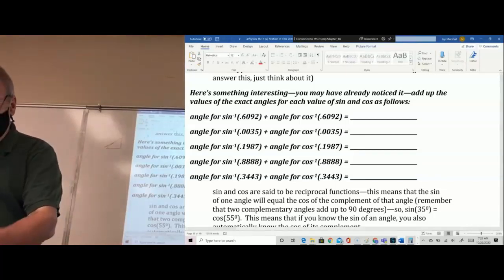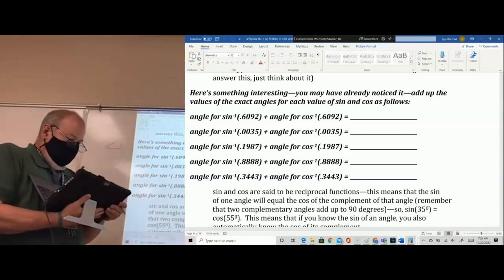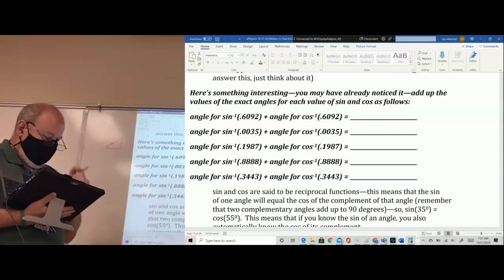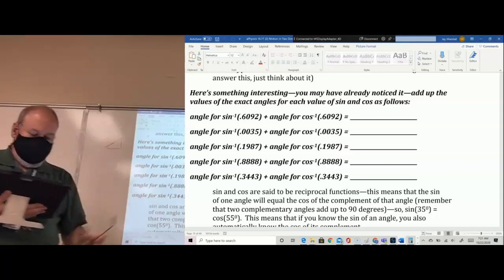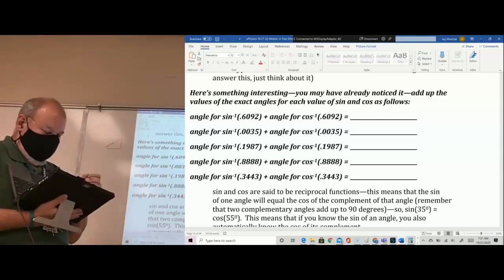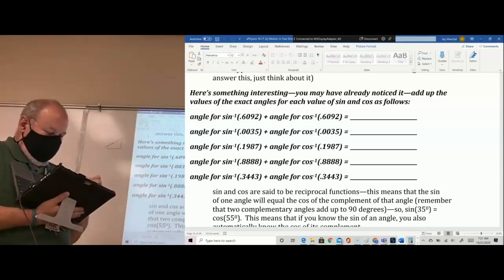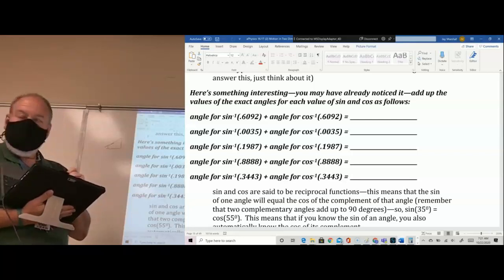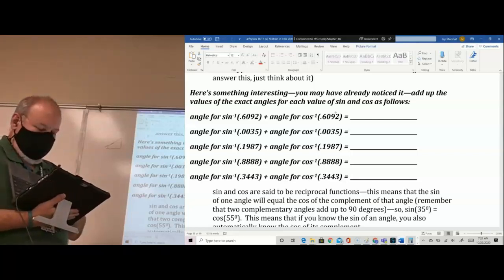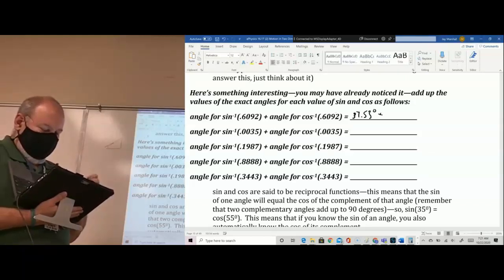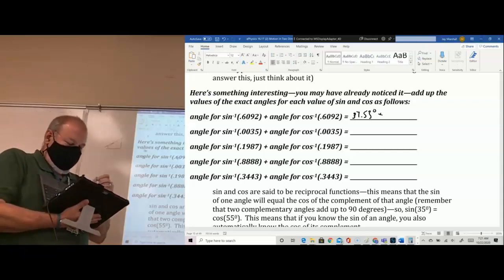What did you get for the angle, the inverse sine of 0.692? 37.53. So 37.53. And what did you get for the angle of the inverse cosine of that?